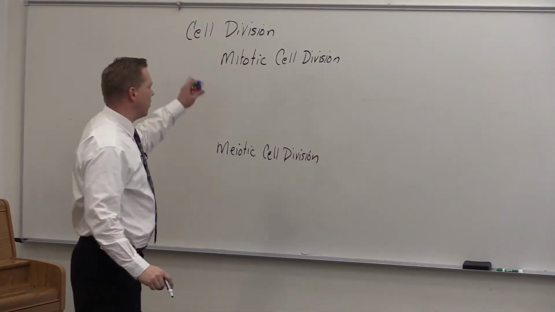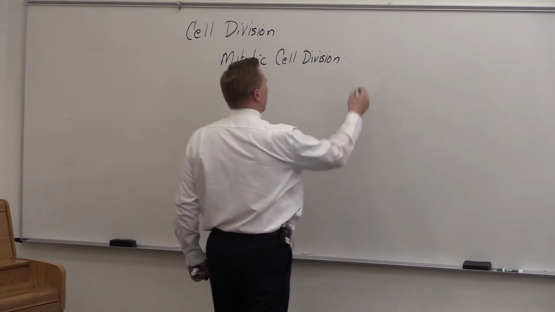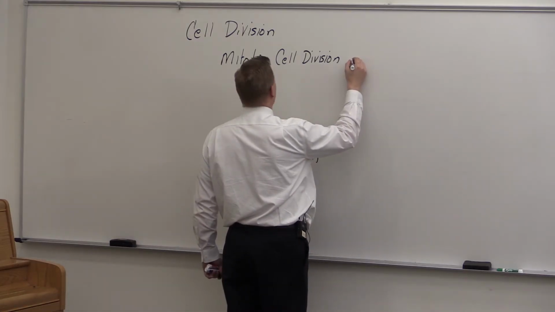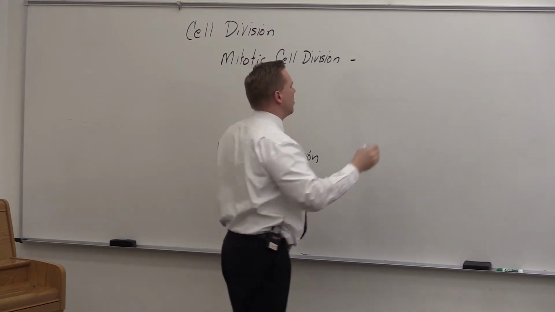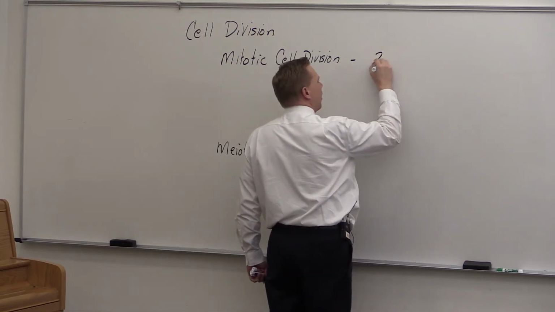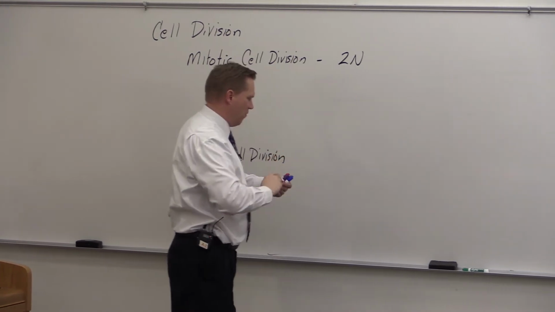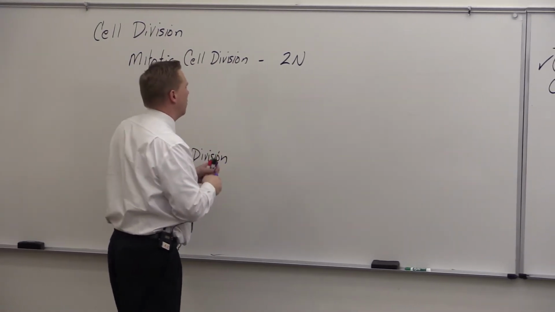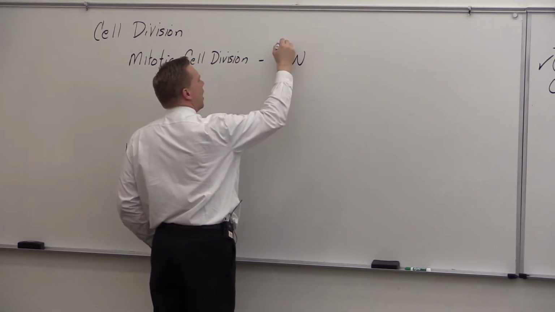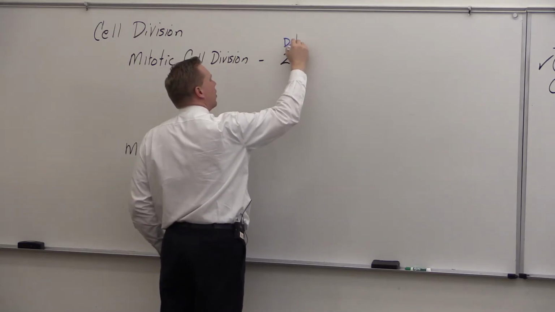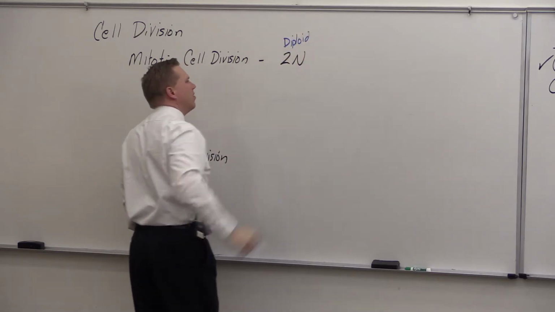And so what's the difference between those two processes? Well, in mitotic cell division, we are going to start with a cell, and we call it a diploid cell. We represent that using the following symbols. We call it a 2N, and that represents what we call a diploid cell.